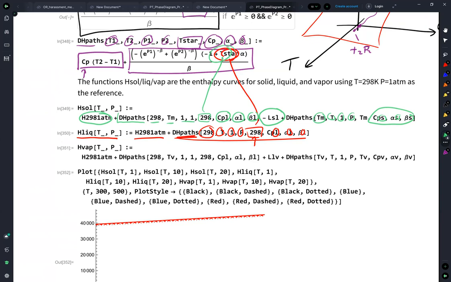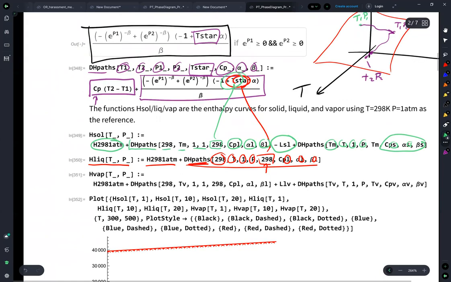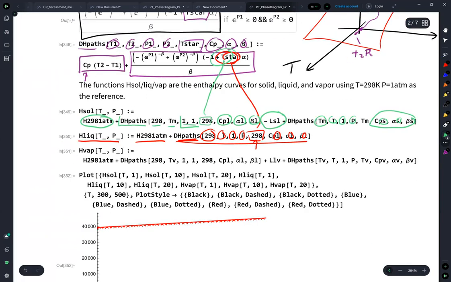And note here that there's no pressure change here because we need the latent heat at 1 atmosphere, because that's the value we know. We know this is at T melt, P equals 1 atm.